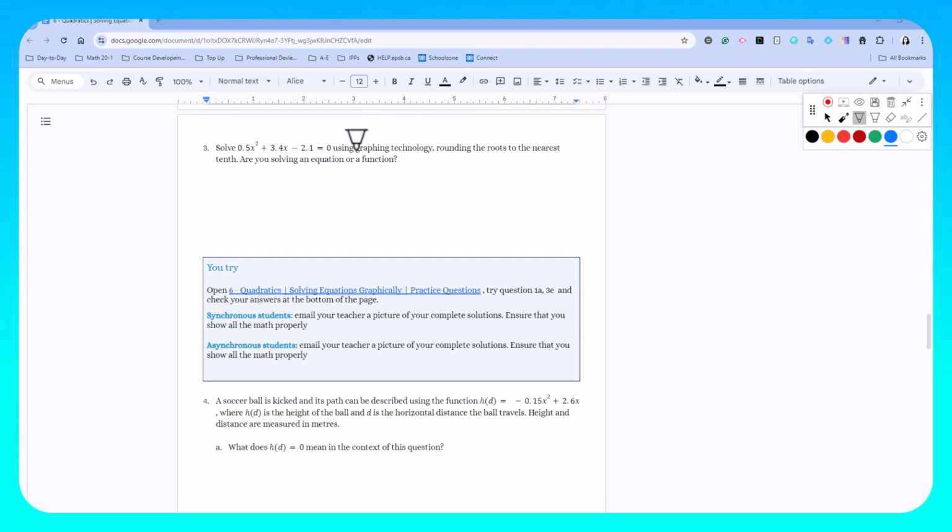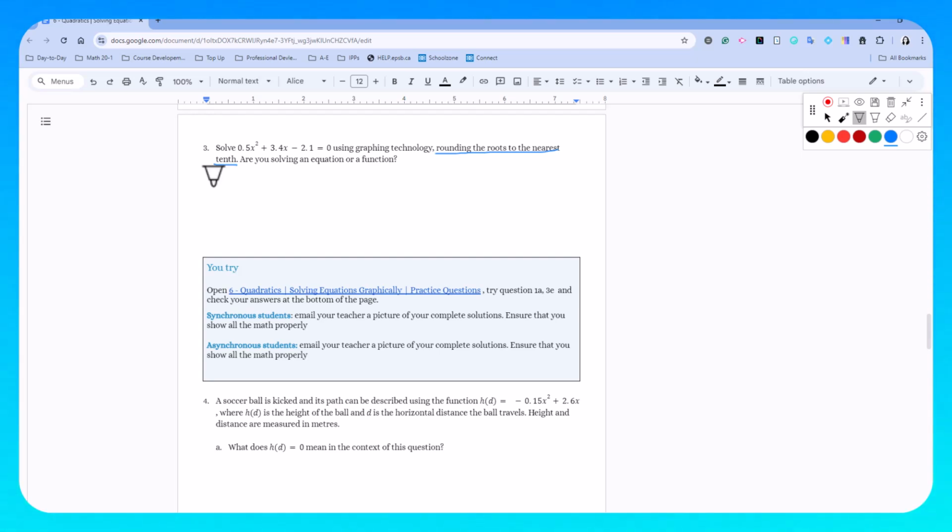Now this one is asking us to solve 0.5x squared plus 3.4x minus 2.1 equals 0 using graphing technology and to round the roots to the nearest tenth. Are you solving an equation or a function? Let's go look at that.